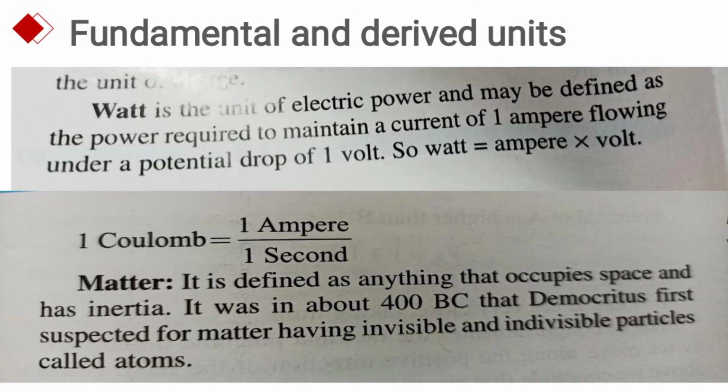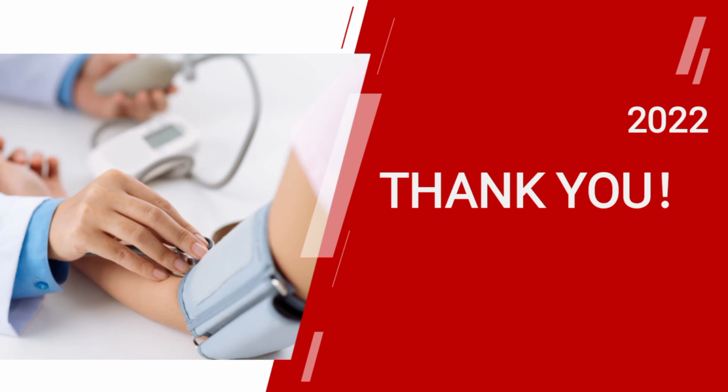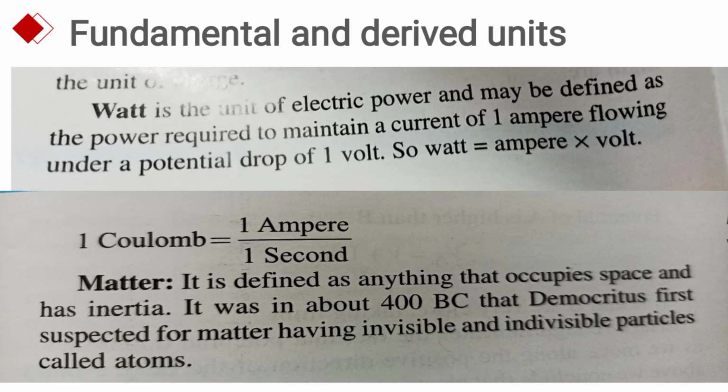Next topic is fundamental and derived units. So it is difficult to remember a separate unit for each physical quantity. Thus we regard some physical quantities as fundamental quantities. Their units are fundamental units.